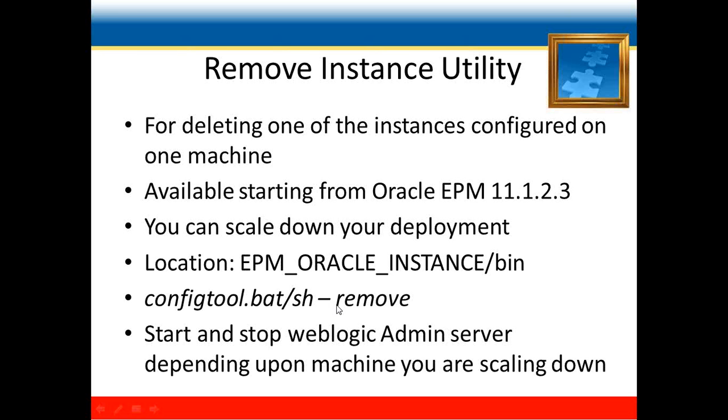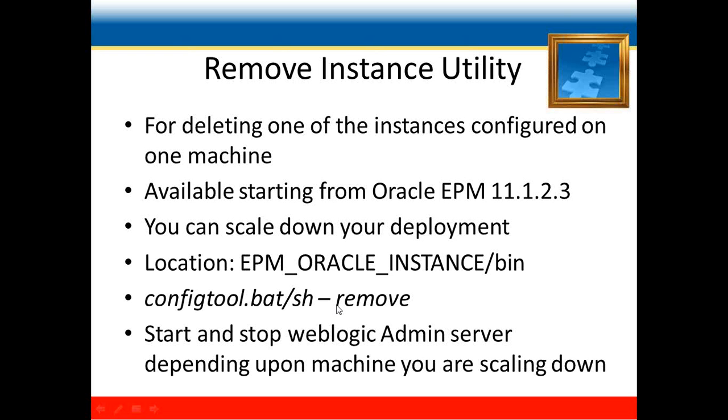Then there are some constraints that you will have to follow while running this utility, and those are with the WebLogic admin server. So if you are running this utility from, say, the machine where you have the WebLogic admin server running, then you will have to stop that WebLogic admin server service on that same machine.